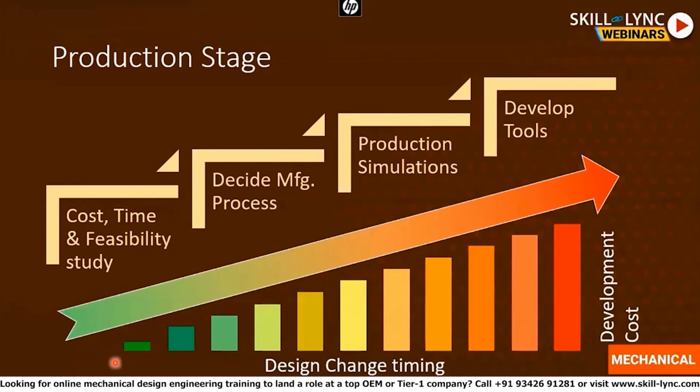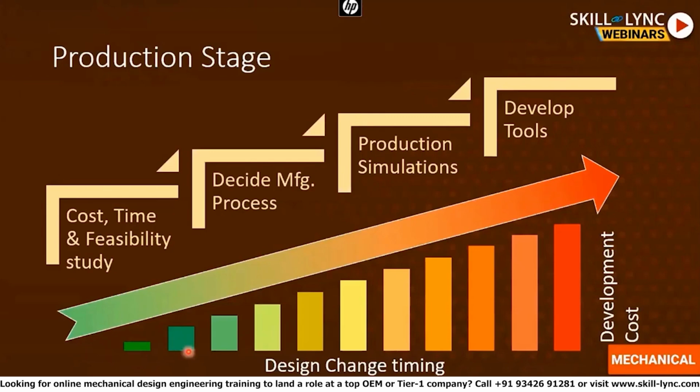So any design change, for example, you made a design proposal, and sometime later you want to change it because it doesn't meet, let's say, the component level requirement. This has to be informed at this time itself to maintain the planned cost of the development.